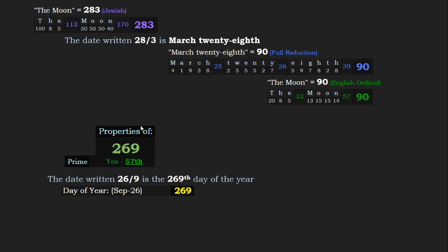Now there's a very special alignment in the calendar. The date written 26/9, the 26th of September, is also the 269th day of the year. And there's no other date on the calendar that has this type of direct alignment.